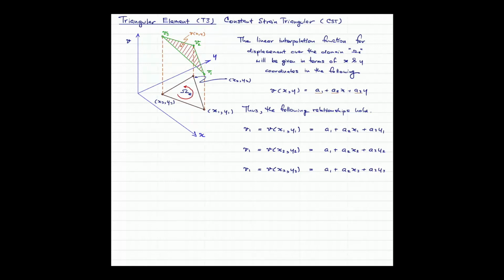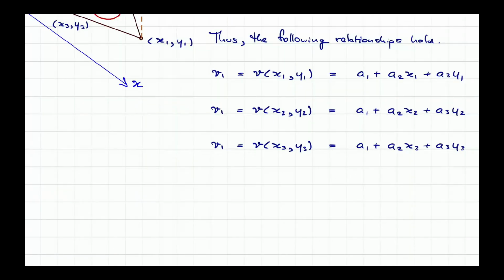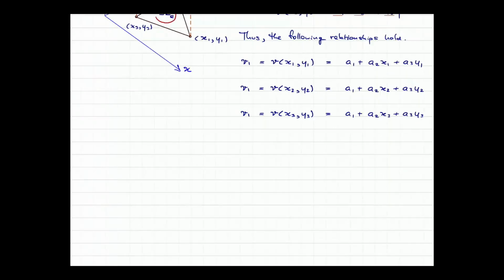Now, if you look at this system of equations, you find that we can write it in terms of the constant parameters a1, a2, a3, and multiply to the coordinates.